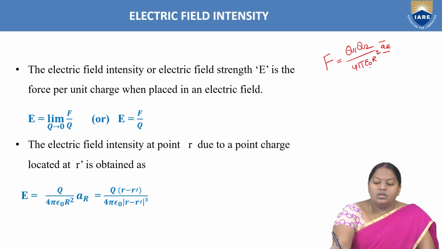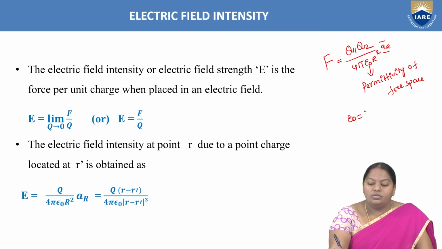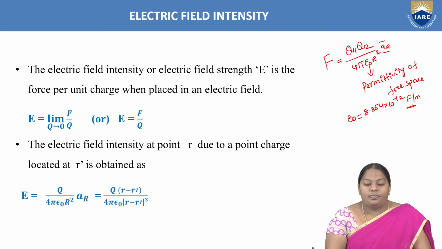And epsilon naught is the permittivity of the free space medium, and its value we already know is epsilon naught equal to 8.854 into 10 power minus 12, and the unit is farad per meter.